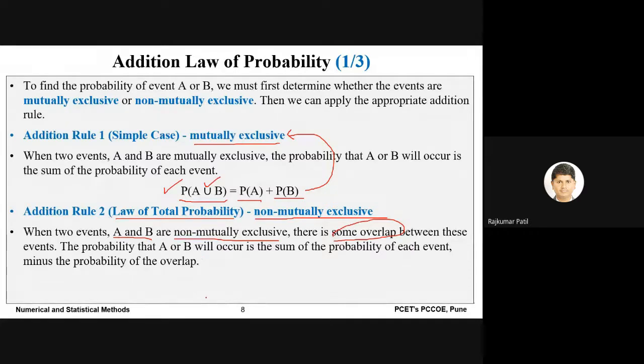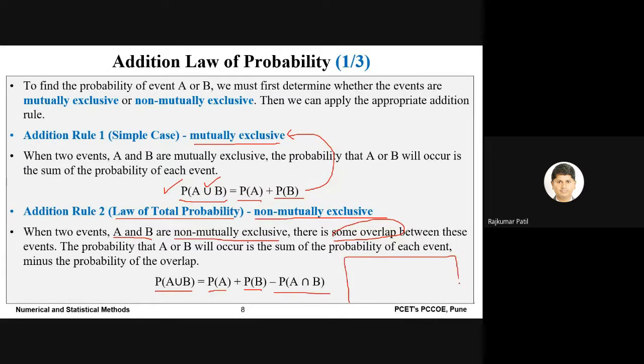In this case, when we want to calculate the probability of A or B, that is probability of A union B, it is calculated as probability of A plus probability of B minus probability of A intersection B.